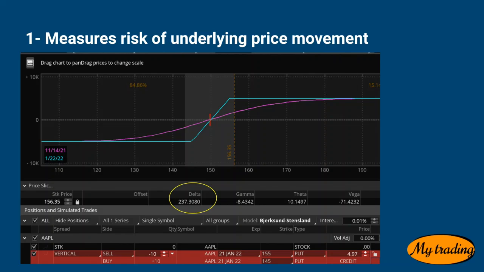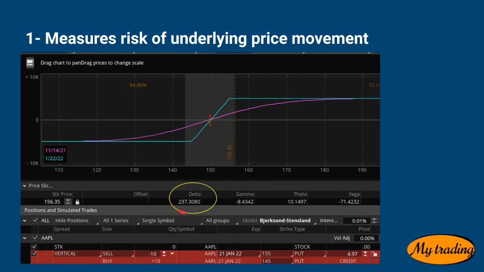Quite simply, if the underlying price moves $1, this is how much my P&L will move. So if price goes up by $1 from 150, this is at 156 on this day, so let's say it went to 157.35, my profit would increase by $237. The opposite is true. If it dropped by $1, I would lose $237.